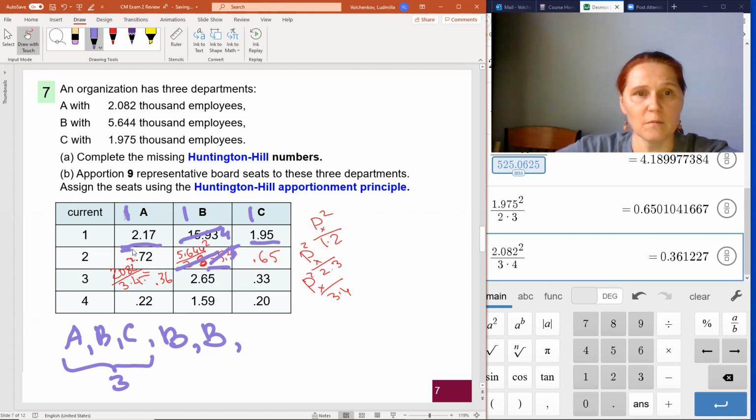Then we compare numbers 2.17, 2.65, and 1.95. 2.65 is still the greatest number. Sixth is also B.